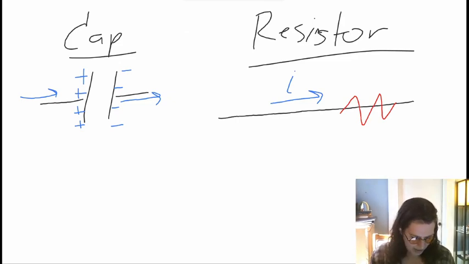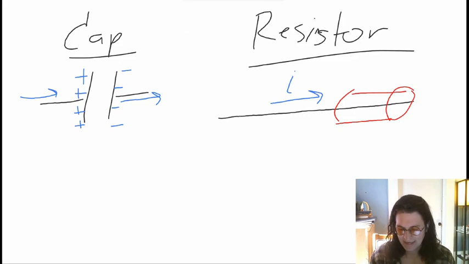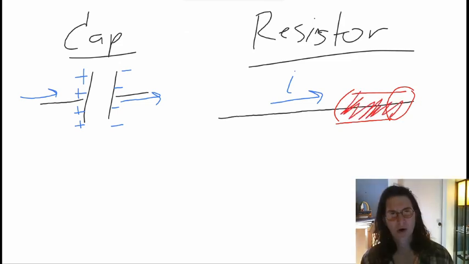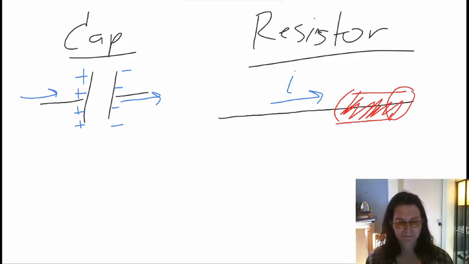But in truth, what is going on there is you have, say, some sort of cylindrical object like this, made out of metal, and it doesn't want the current to flow through it.